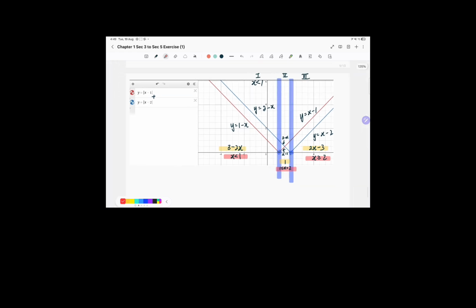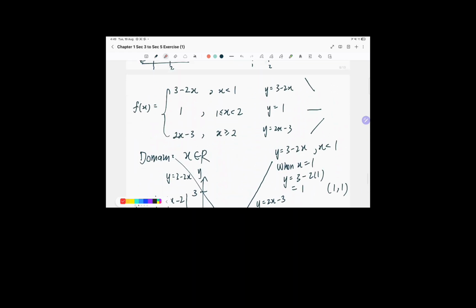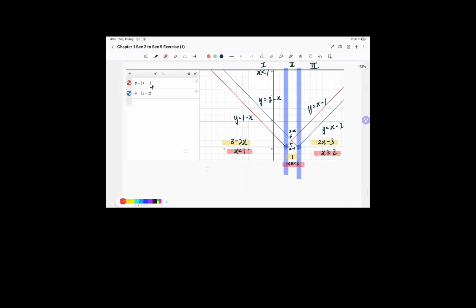So from this graph here, you can jump directly into this step here, the function. By looking at this, you can write out the function notation, sketch a graph, find the range. This is the graphical method.